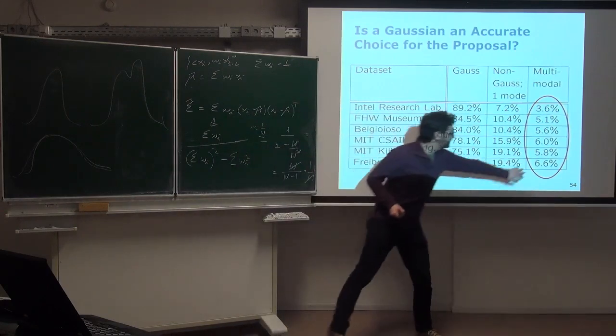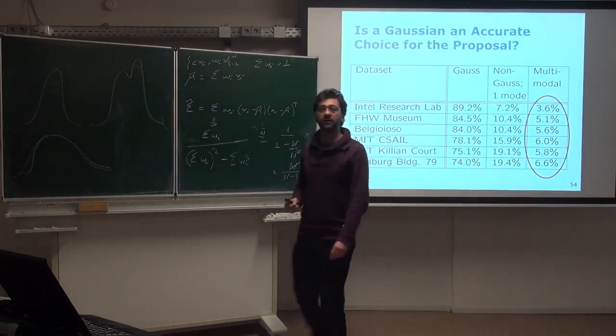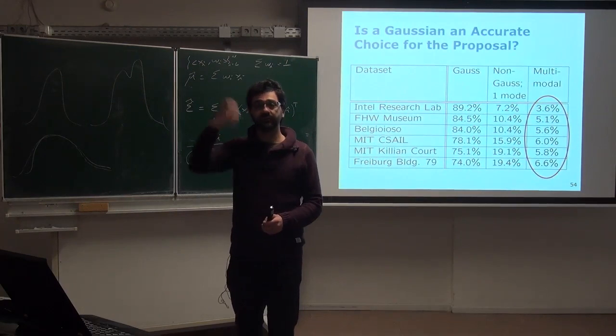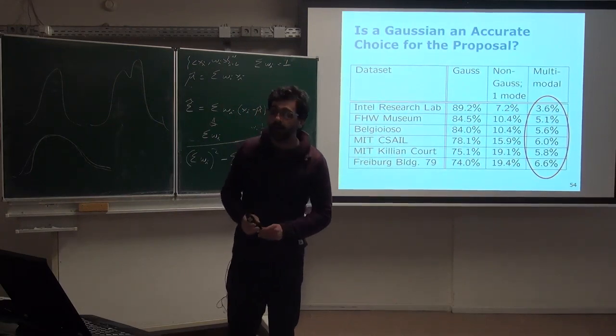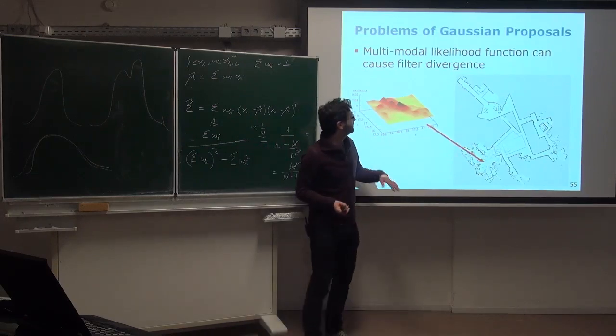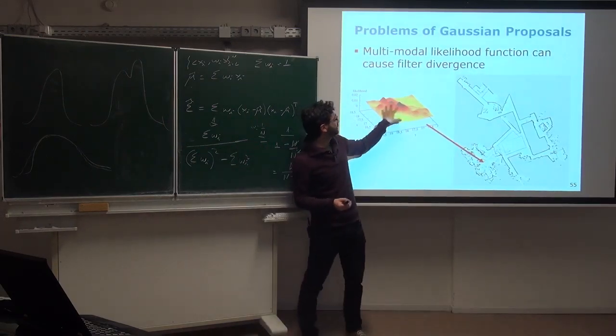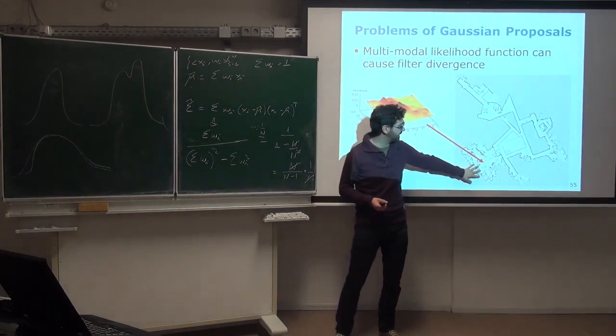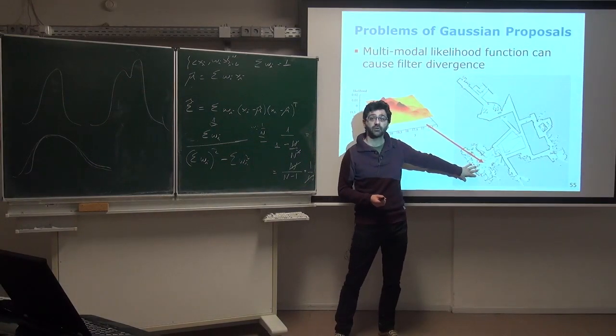So in these cases, we're actually making a mistake, and we should consider a different proposal distribution for that. In the literature, what has been analyzed is that if you have this case, you might end up in maps that look like this. Okay?